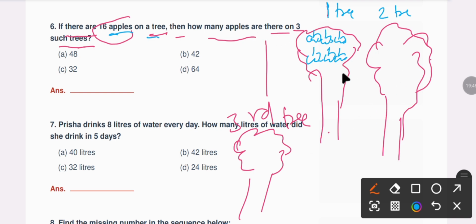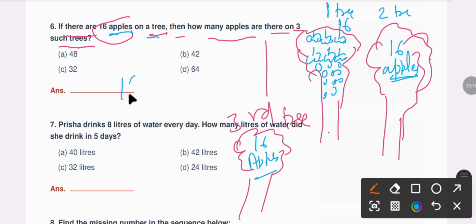So one tree carries 16 apples, second tree carries 16 apples, third tree carries 16 apples. So 16 is repeated how many times? 3 times. So answer is 48. So right option is A, 48.